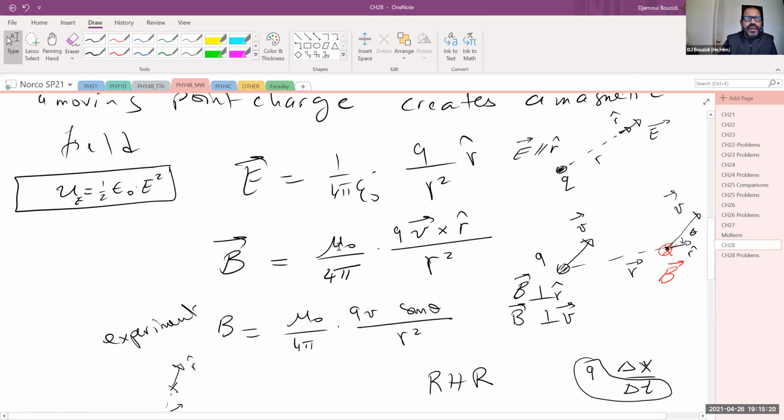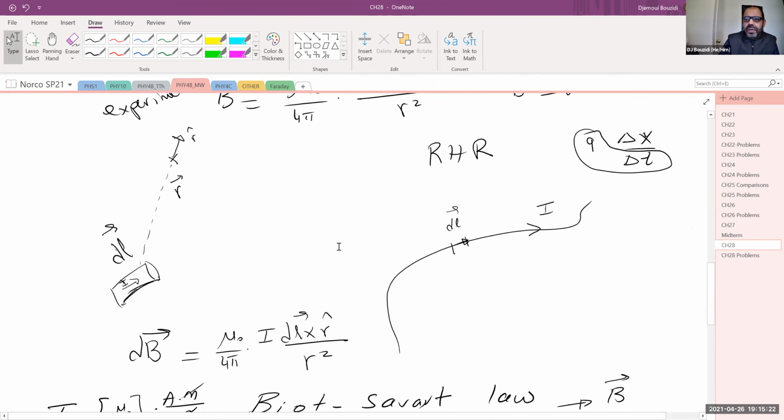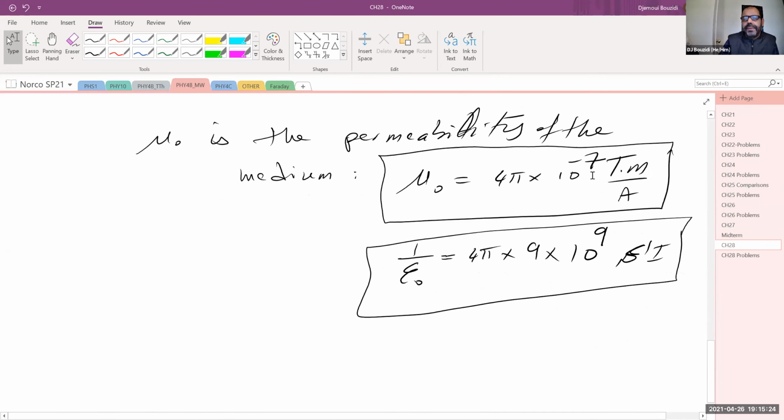This guy, on the other hand, is multiplied by mu naught, and mu naught is actually a tiny number. So the magnetic field appears to be of a lower intensity when it comes to values, at least compared to the electric field.